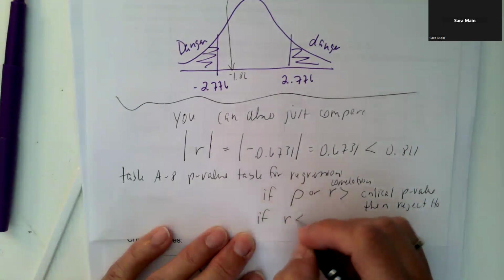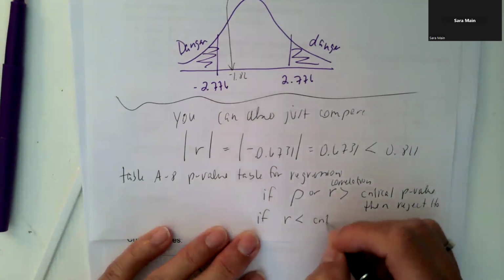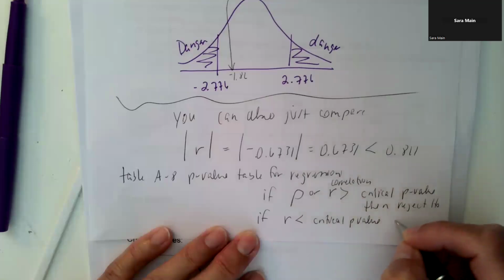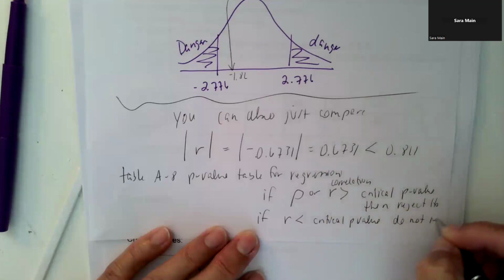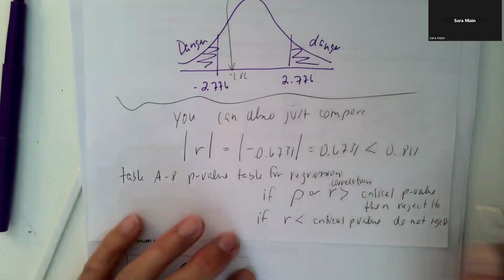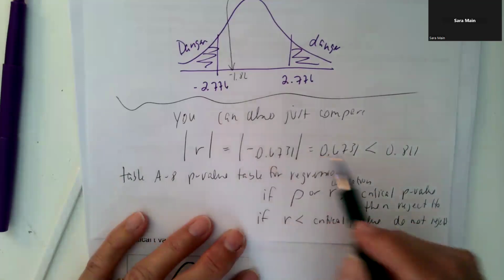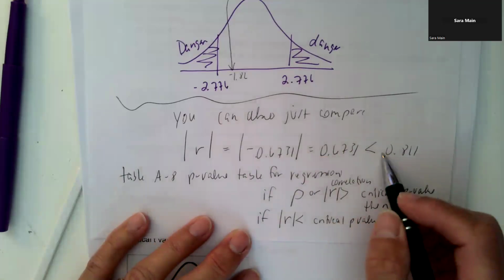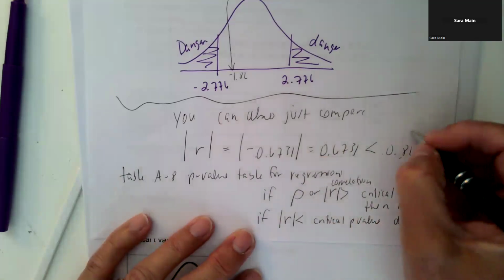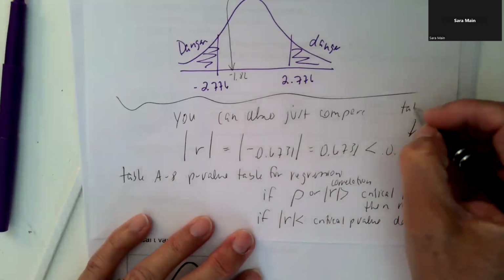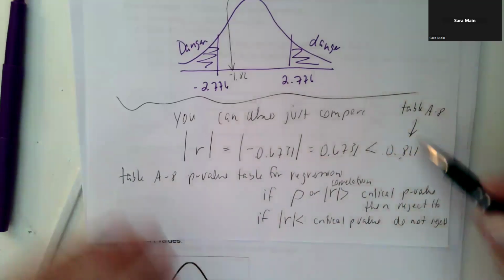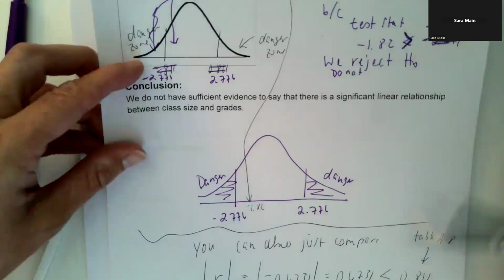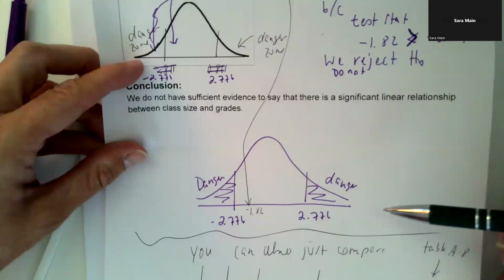If R is less than the critical p-value, then do not reject. Okay, and so our absolute value of R is less than the critical p-value from the table A8. And so this matches using the test statistic. We're going to do another one so that I get it straight.